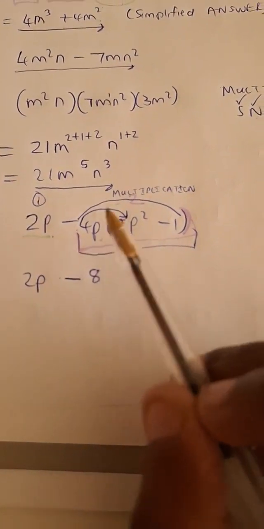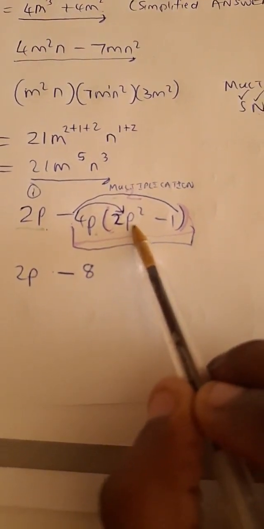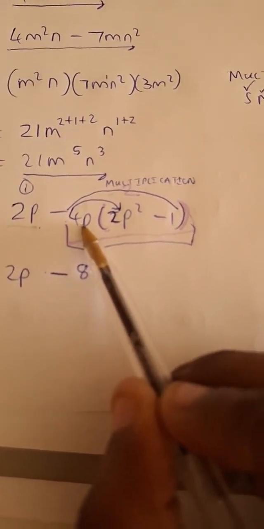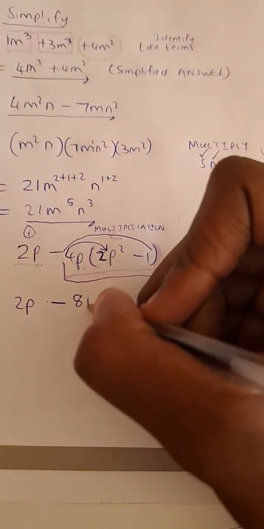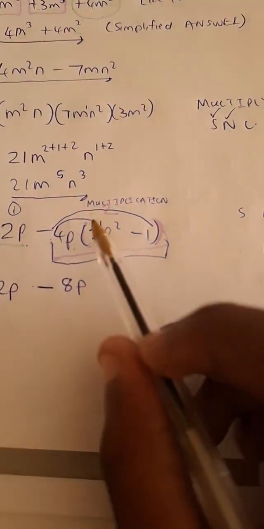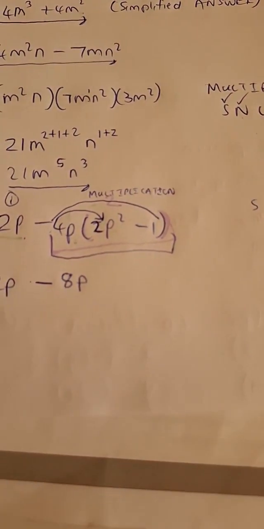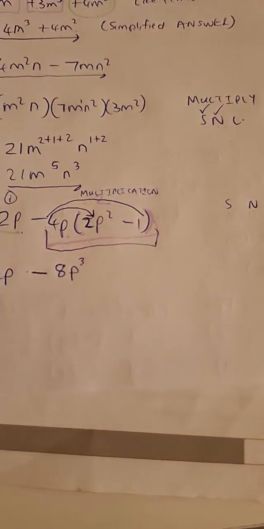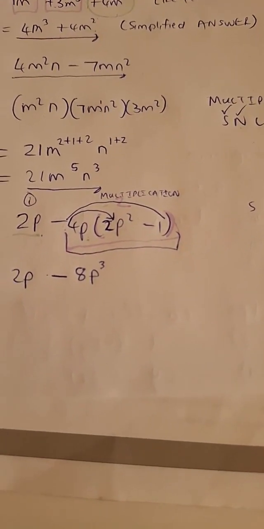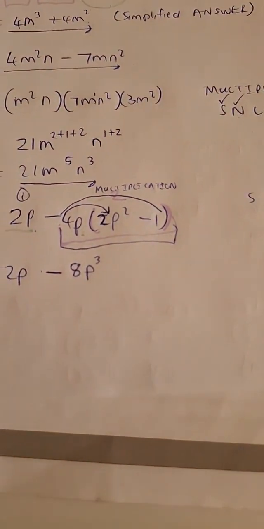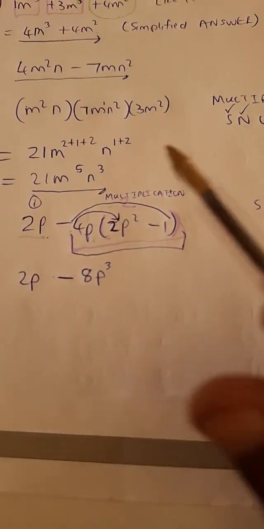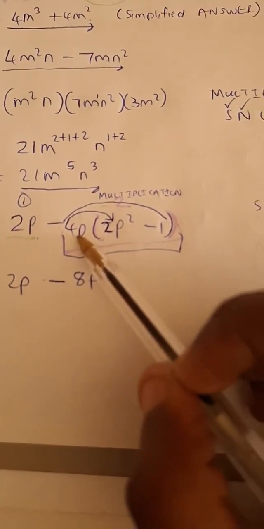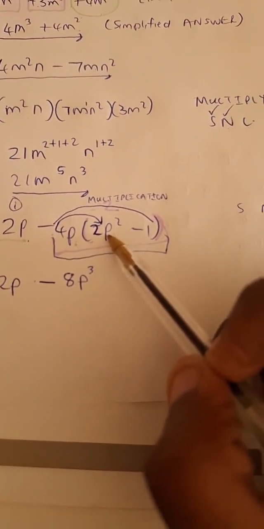What's p times p squared? Bases are the same. We are multiplying, so we keep the base and add the exponents. So yes, Bongi, it gives us p to the power 3. 100% spot on, Bongi. We are done with the distribution of negative 4p to 2p squared.